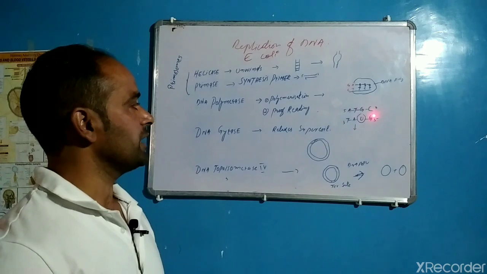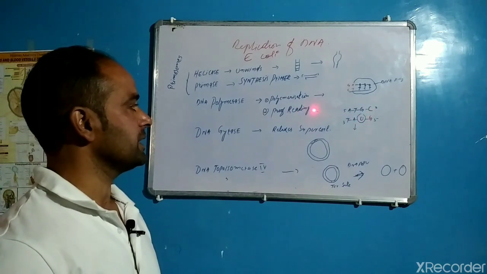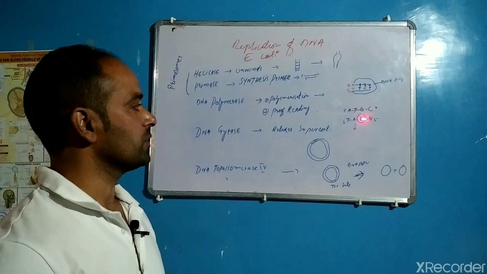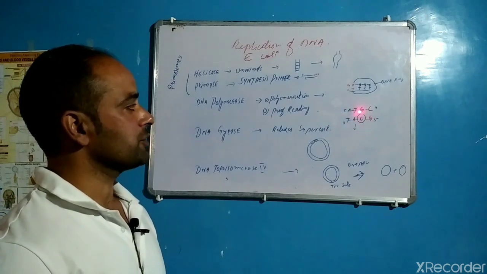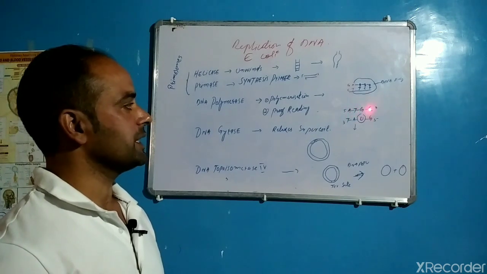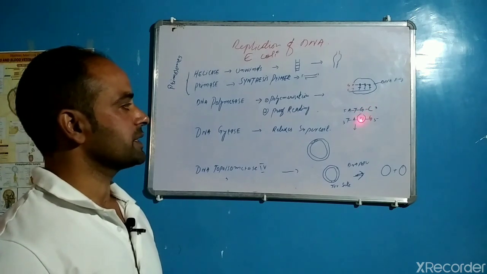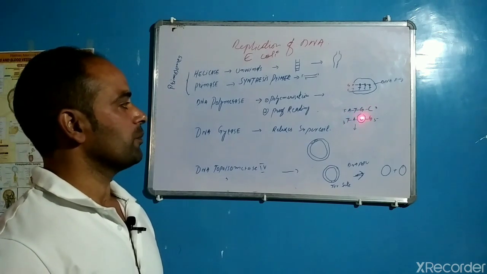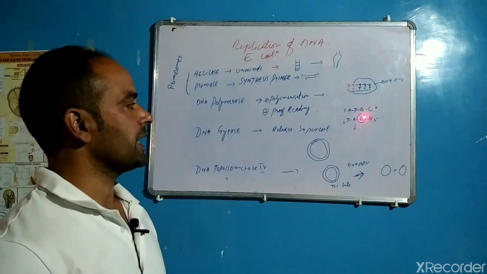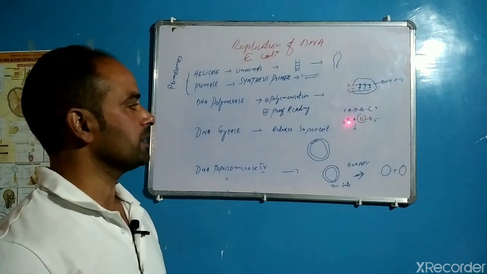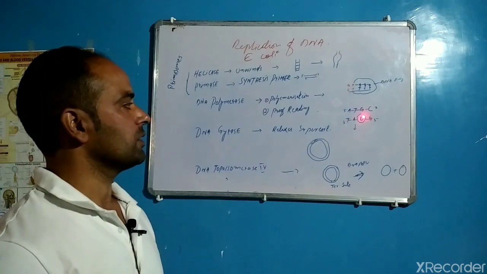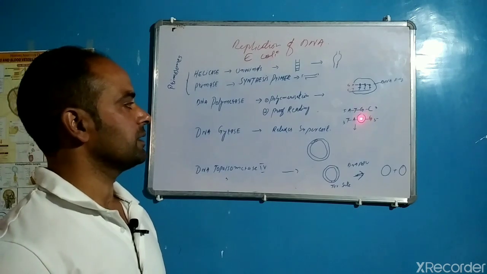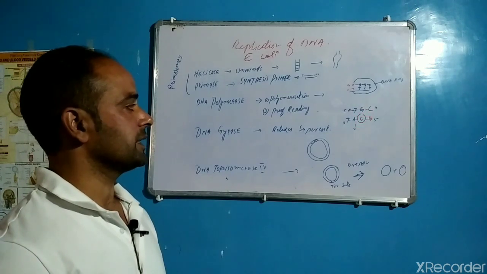It has 3 to 5 exonuclease activity, not 5 to 3, 3 to 5 exonuclease activity. Here I have shown a strand: adenine, thymine, guanine, cytosine. Here instead of cytosine, uracil has been added, and due to the proofreading activity, DNA polymerase will come from the 3 to 5 side and remove this uracil so that the proofreading is done.